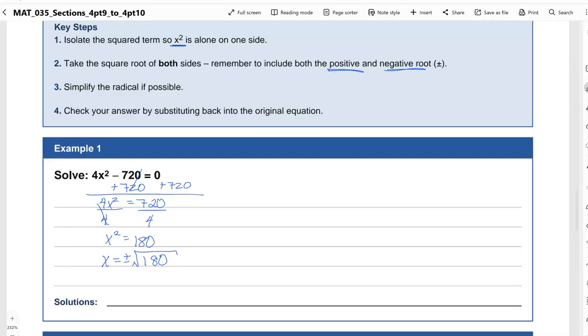And then we're going to have to think about how we can simplify that radical. So we're going to think about how can we break down 180? Well, 180 is 4 times 45. And 45 is the same thing as 9 times 5.